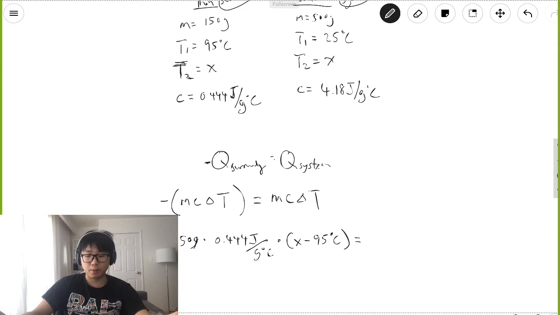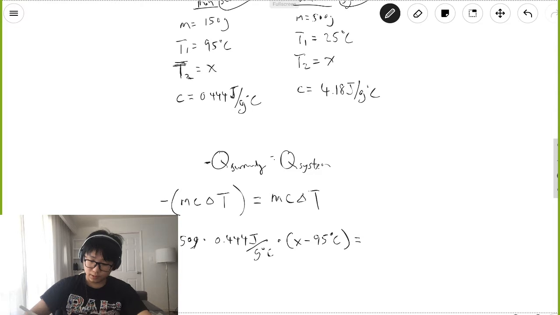So you always have a positive energy value to increase by 1 degree Celsius. Delta T, we predicted the final temperature is going to be between 25 and 95, so we can already see this is going to be a negative value. On the right side, you're going to have the other way around, a positive value. That's why we put the negative here: left side equals right side, negative surrounding equals the Q system.